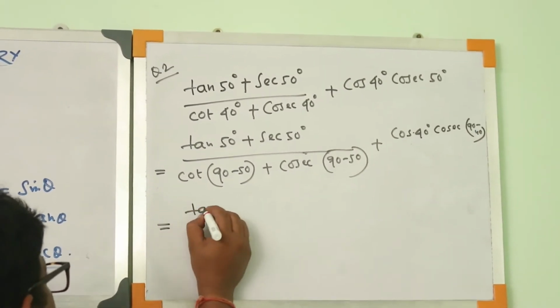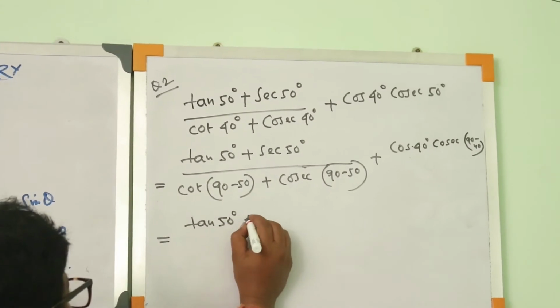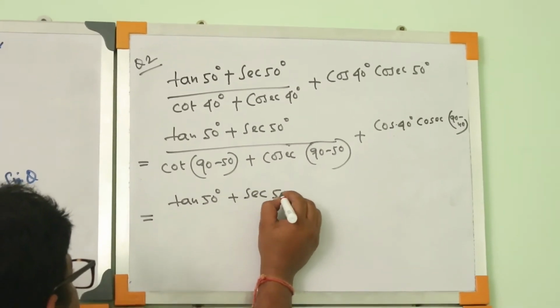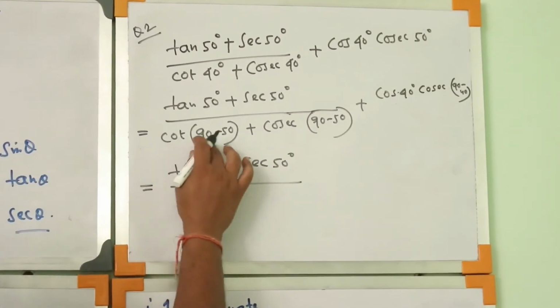So this will be equal to tan 50 plus sec 50 divided by cot 90 minus theta.